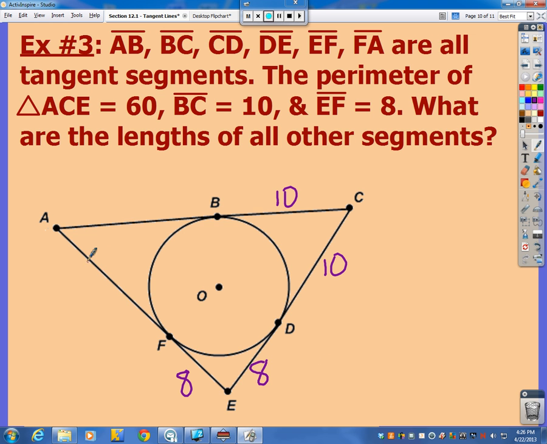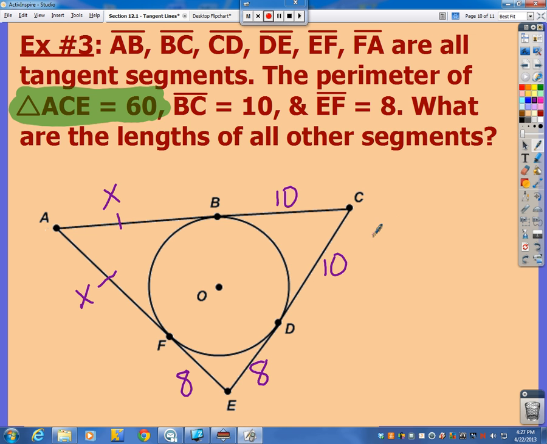All right, now let's come over here. Well, crud, we don't know either one of these 2 sides. But what we do know about these 2 sides is they are the same. So let's call them x and x. Now the other piece of information we haven't used in this problem is that the perimeter is 60, which means the distance all the way around.